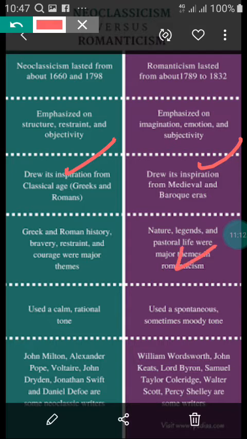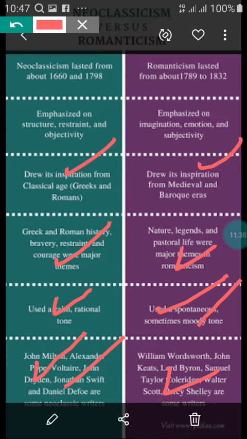Greek and Roman history, bravery, restraint and courage were the major topics and themes of new classicism. It used calm and rational tones, while romanticism used spontaneous, sometimes moody tones. William Wordsworth, John Keats, Lord Byron, Samuel Taylor Coleridge, Walter Scott and P.B. Shelley are the most prominent poets of the Romantic age. John Milton, Alexander Pope and Daniel Defoe were the prominent poets of the new classical age.